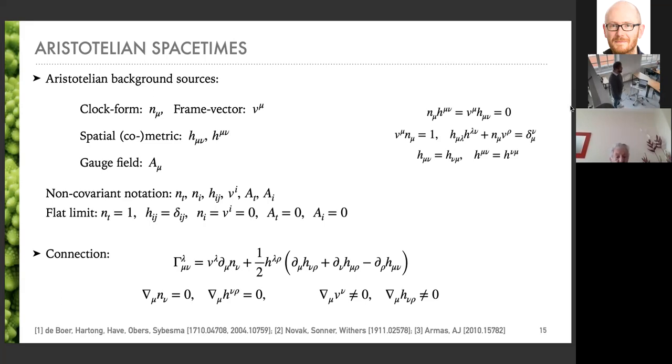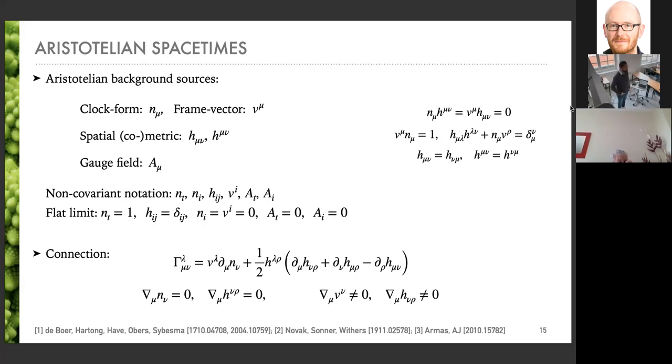But they also have a preferred frame observer, v^i, of course. That was the whole idea: these are Aristotelian backgrounds, and they come equipped with a preferred reference frame. So that's the v. This forms the metric with observer set. And then, of course, if you have some U(1) conservation, then you have the normal U(1) gauge fields.